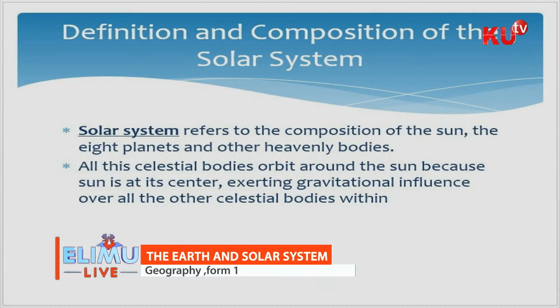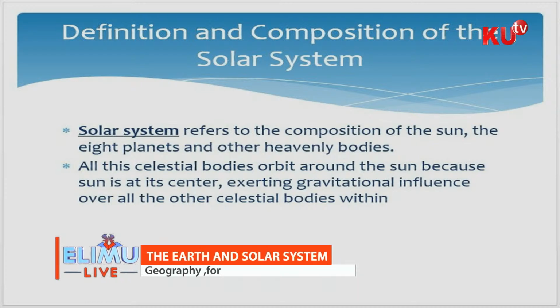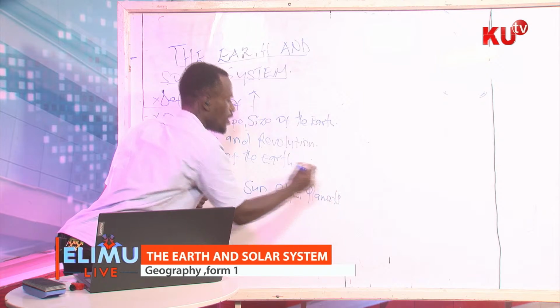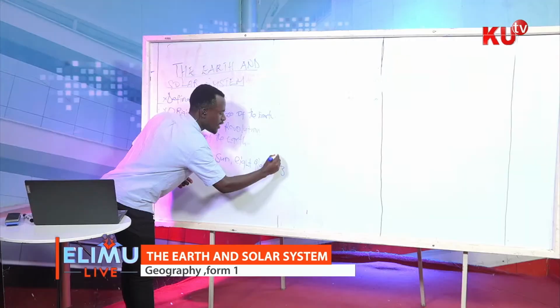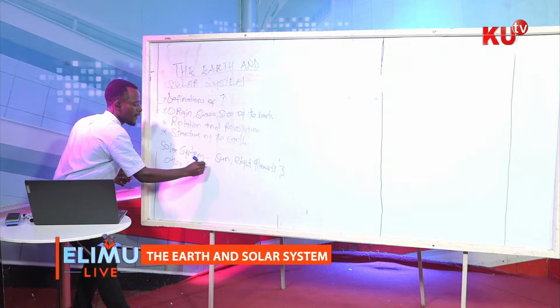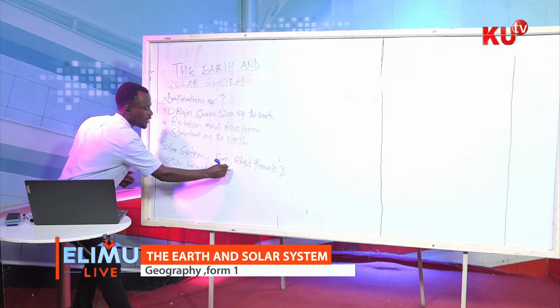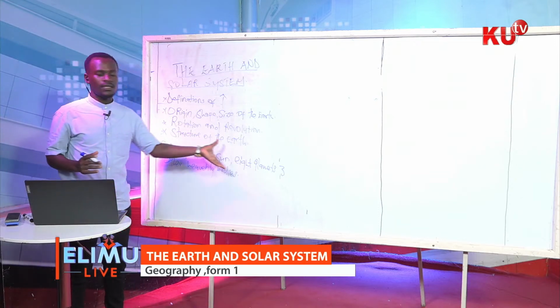So basically, in a nutshell, this is what exactly the solar system entails.